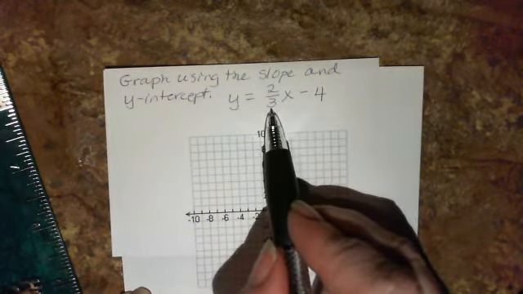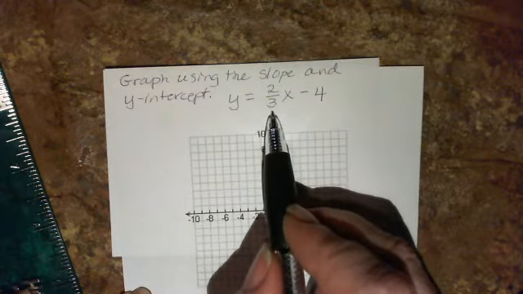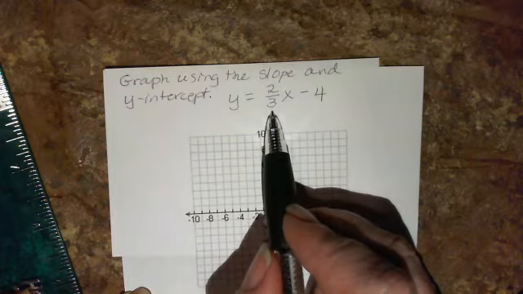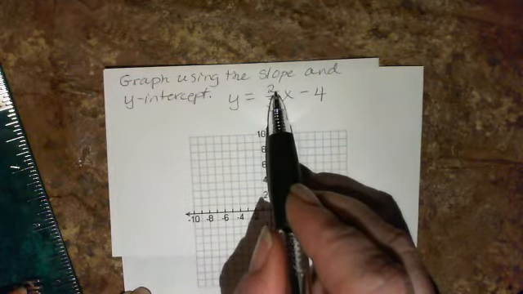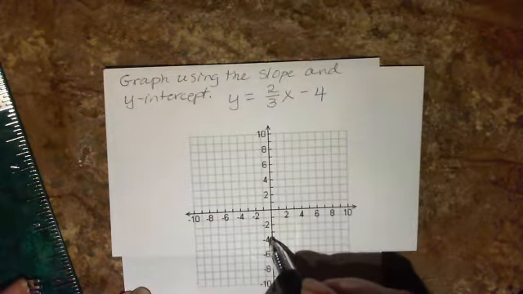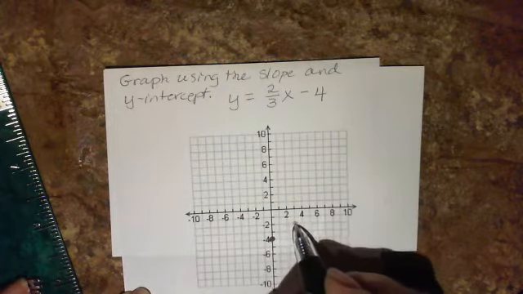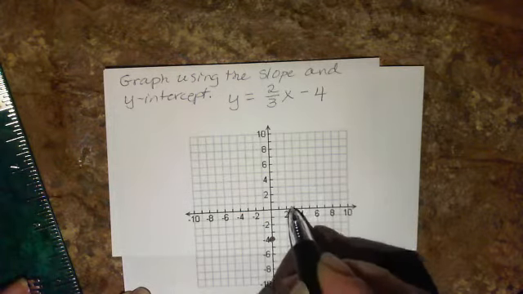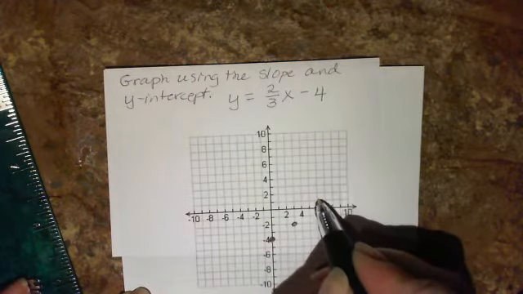And then we're going to use the slope, 2/3, to rise then run to more points. Since it's a positive fraction, we know the line will go up, and the units would be 2 up over 3. So from the point we marked, we go up 2 over 3, mark a point, up 2 over 3, we can mark several of those.